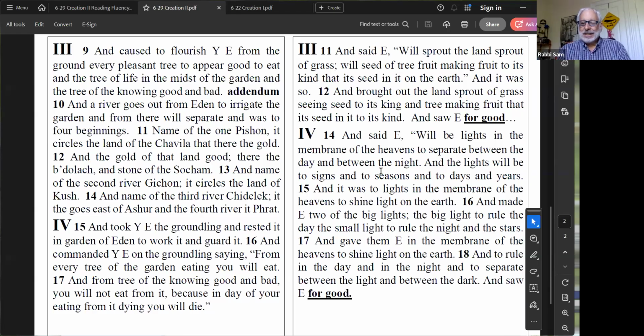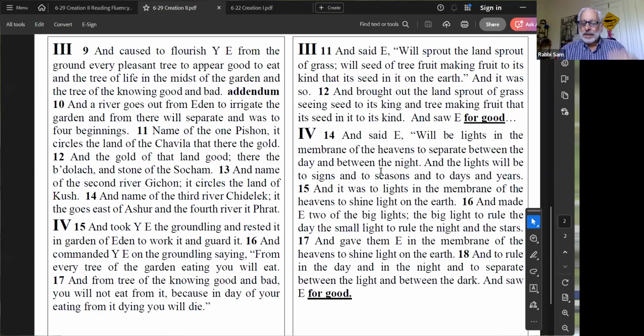And those lights, which are called me'orot, as opposed to or, which is light, me'orot are vessels of light, or vehicles of light, or populations of light, lightnesses. And they will be up there, and they will have a job. And that's what we get in verse 14.